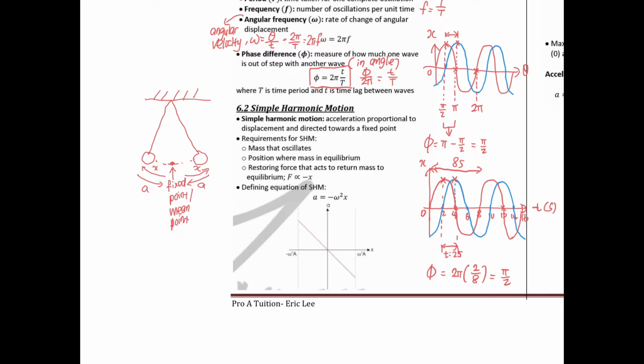At the meantime, you can see something. First of all, you can see the acceleration is proportional to displacement. That's the first thing. That means the higher the displacement, then the greater the acceleration. Okay, so that is one thing. The second thing is they are in opposite directions.